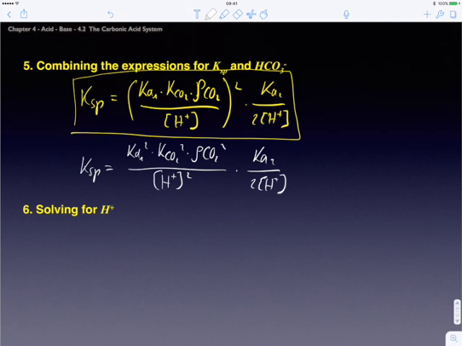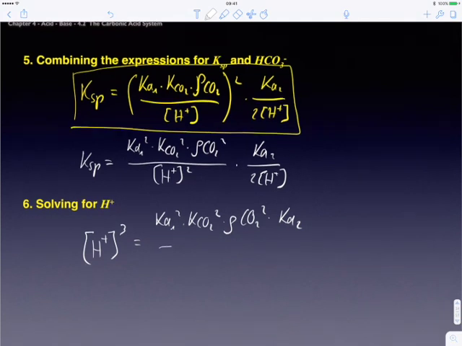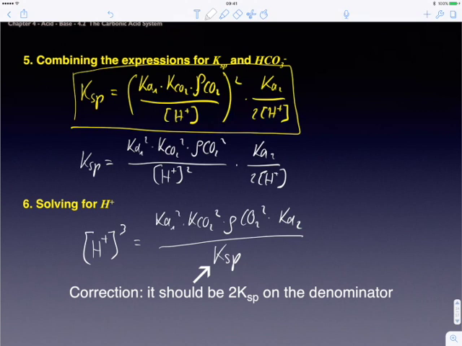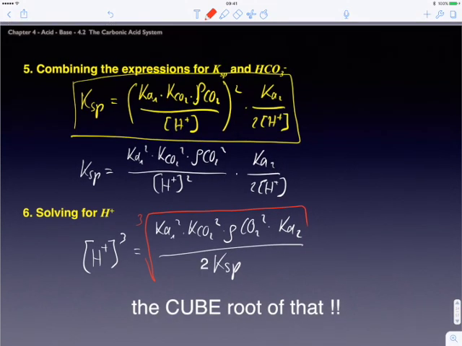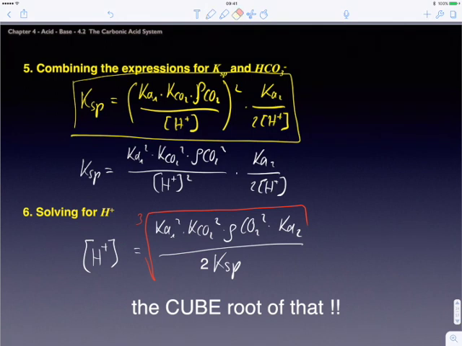That means that in our case H+ to the power of 3 equals Ka1 squared times KCO2 squared times PCO2 squared times Ka2 divided by KSP. And if you want the solution for H+, you just have to take the cube root of this number. So this is your solution.